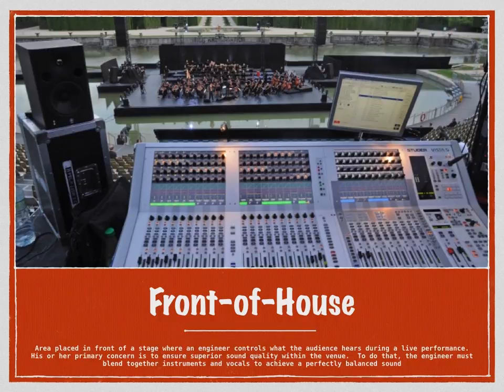And in this case, the monitor spot is connected to the front of house, just so they can also know what is going on on stage. But the primary function of the front of house is to basically calibrate the sound that comes off from the stage.